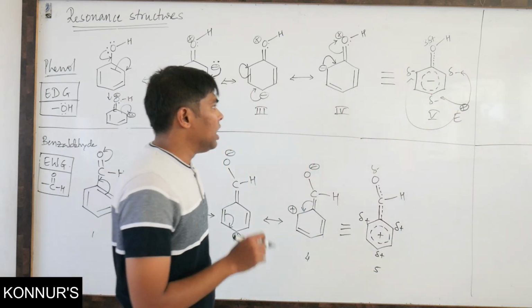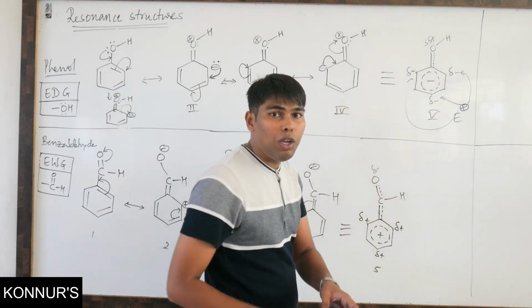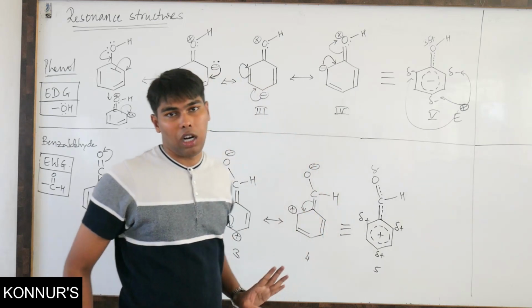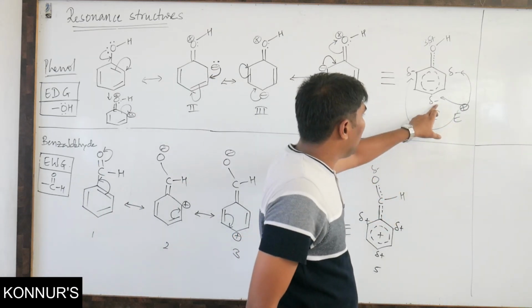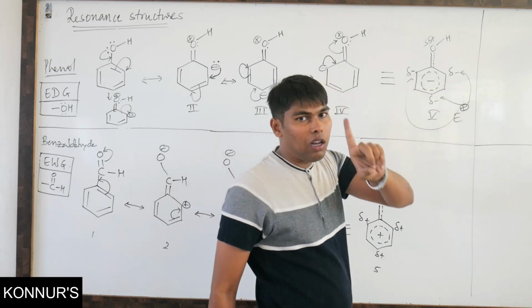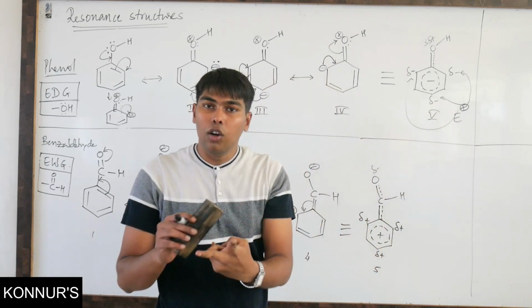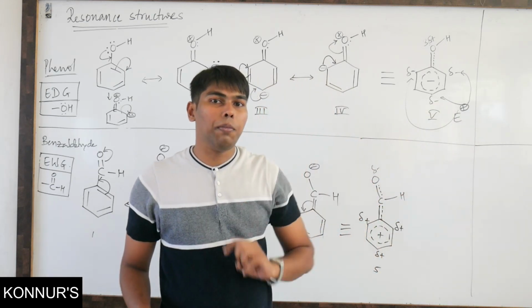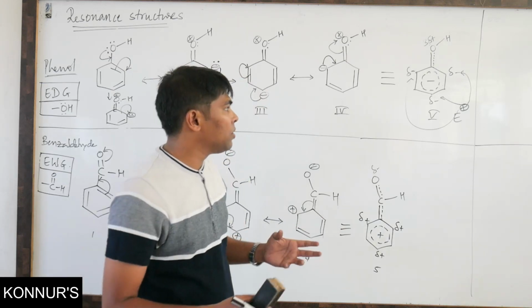Since two ortho positions are equivalent, we will consider formation of only one product. And for the para position, only one para position is left. In the two ortho positions, we'll consider only one product, and in the para position, we'll consider one product. So there are two products formed, in which one is ortho substituted and the other is para substituted.